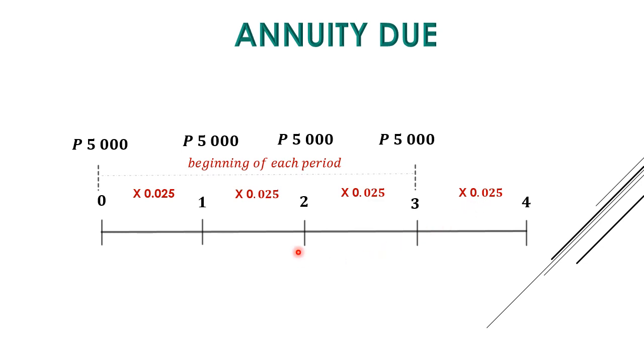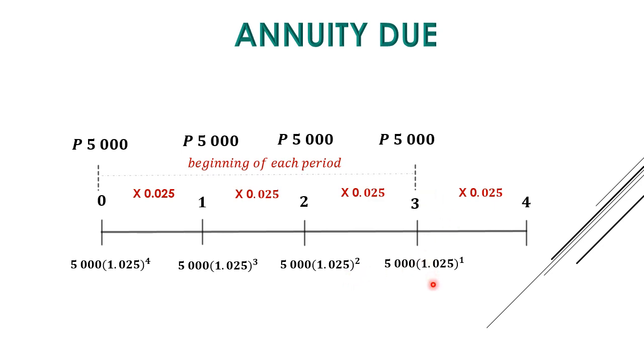Okay, so this time we calculate the amount for every period. That will be 5,000 times 1.025 to the power of 4. For the second, 5,000 times 1.025 to the power of 3. So why is it 3? Because there are 3 interests that need to be covered. Next, 5,000 times 1.025 to the power of 2.